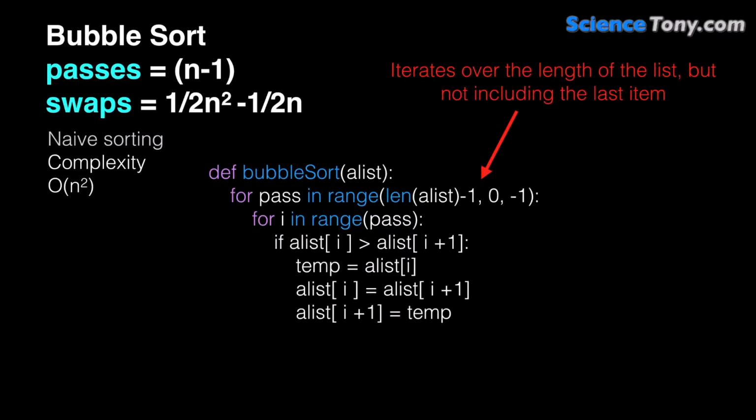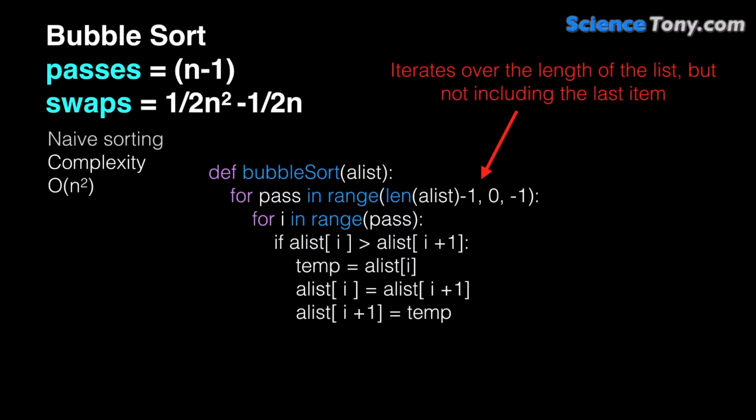So it compares index 0 to index 1, and then it will run the following code. If it's greater, it will put it in a temp, then swap the items around and then move on to I equals 1 and compare index 1 to index 2 until it gets all the way to 7.